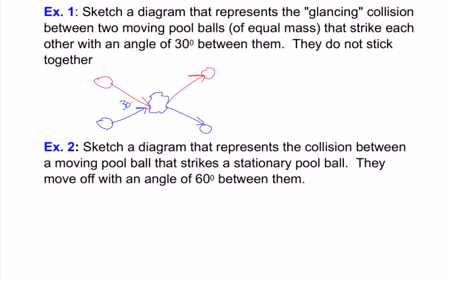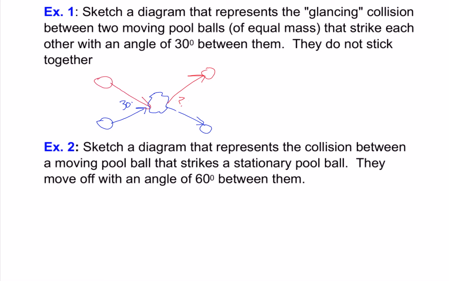Does it mean they bounce back at 30 degrees? Not necessarily. If they were the exact same speed and mass, then yes. But if one is way faster or way more massive, it'll have larger momentum, which would dominate the collision. So we don't know the angle until we do the calculations.